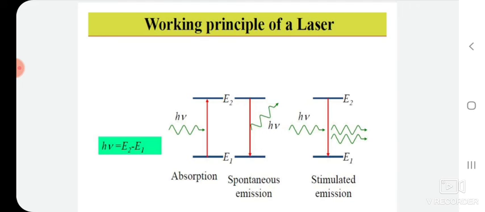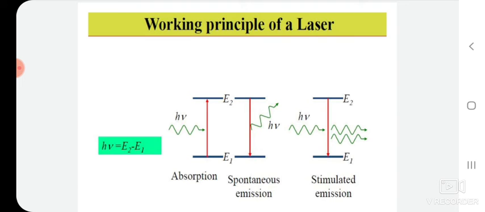If we take the energy difference between the higher and lower orbital levels, E2 minus E1 is equal to h nu.